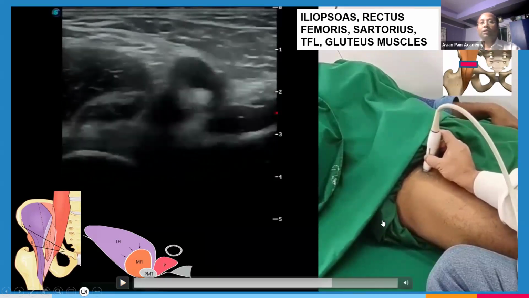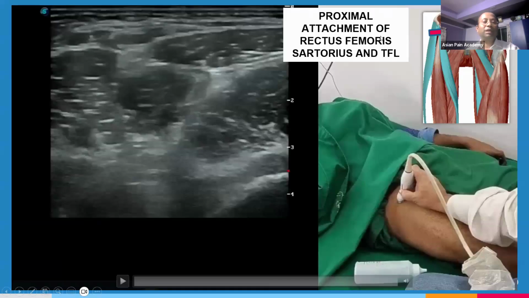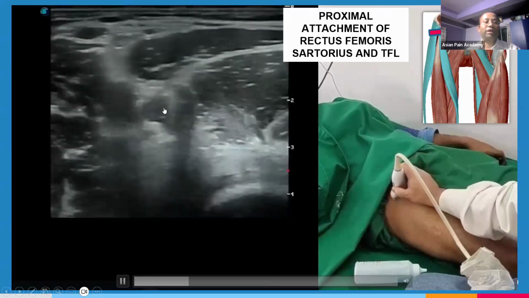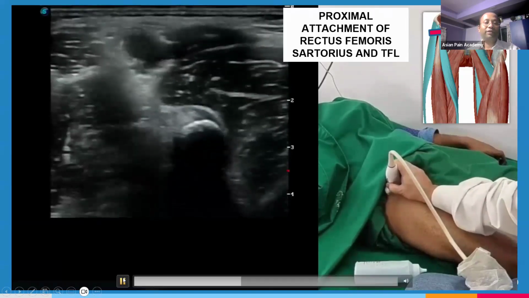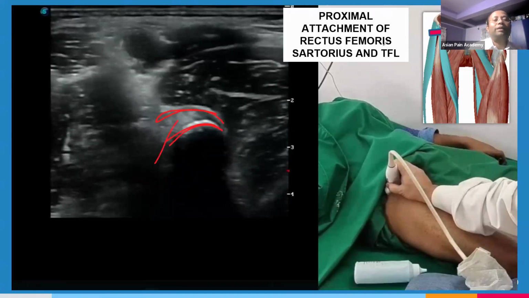Okay. Now the proximal attachment. So this part I already told you. Now it is going, it is entering here. And this one is the anterior inferior iliac spine. And you can see the bird beak appearance of the anterior inferior iliac spine, at the anterior inferior iliac spine of the rectus femoris.